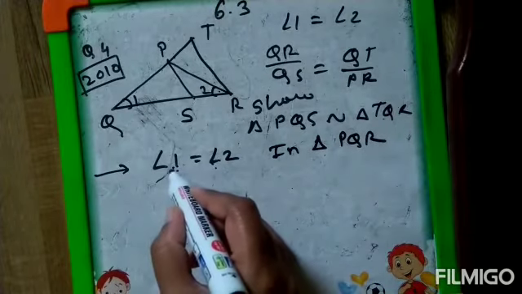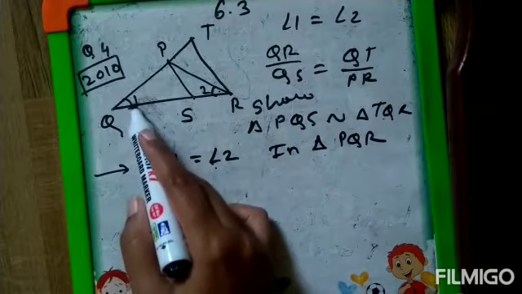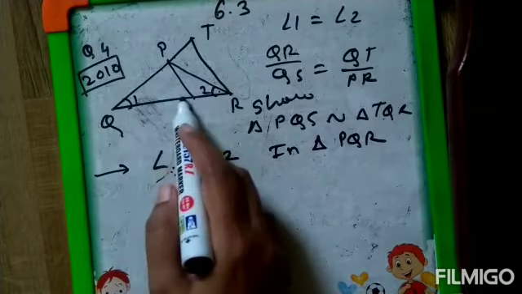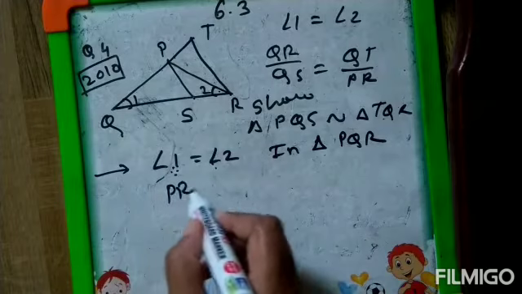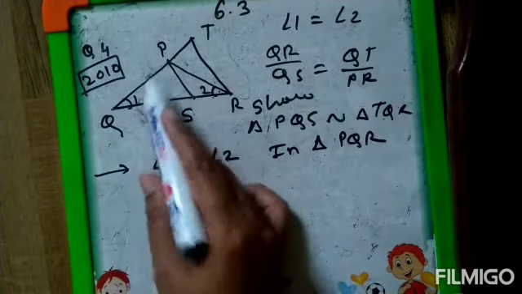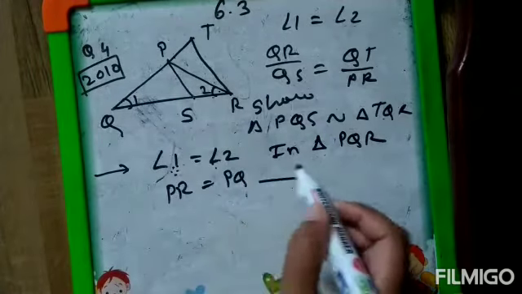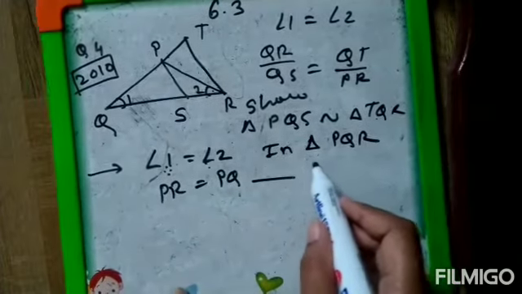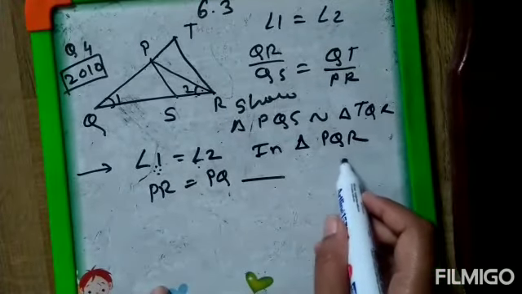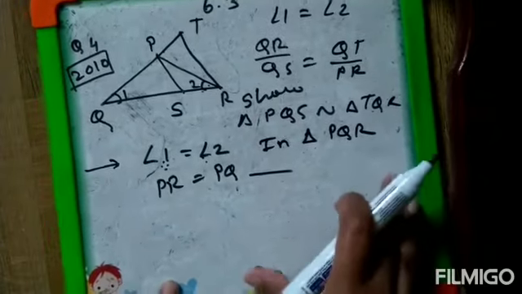The side opposite angle 1 in triangle PQR is PR, and opposite angle 2 is PQ. So write the reason in brackets: opposite sides to equal angles of a triangle are also equal.